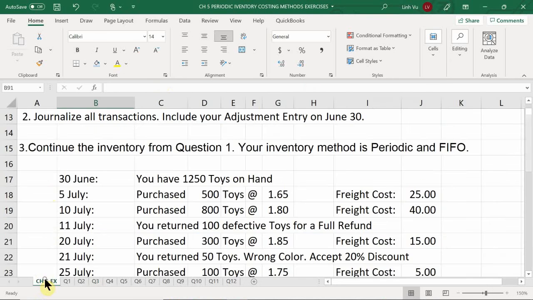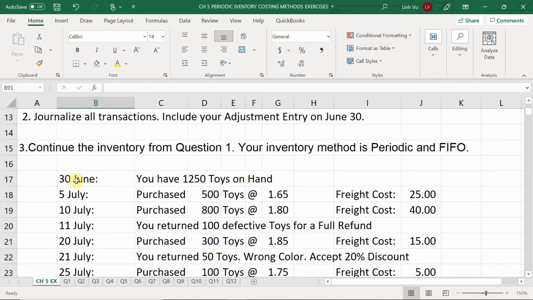So again, I'm not going to have you journalize the purchases or the returns because it's going to be rinse and repeat. From here on out, we're just going to plug our numbers into the inventory worksheet and solve from there. Then on July 5th, we end up purchasing 500 toys at $1.65 with the freight costing you $25.